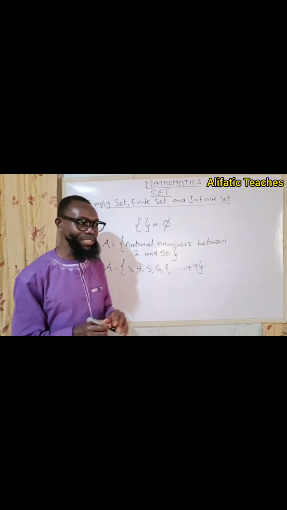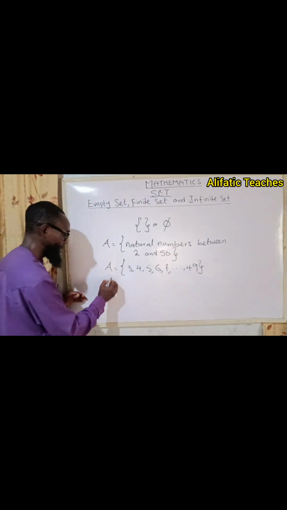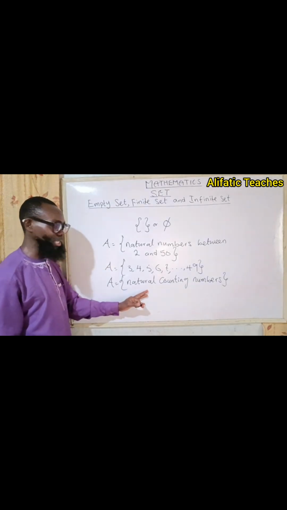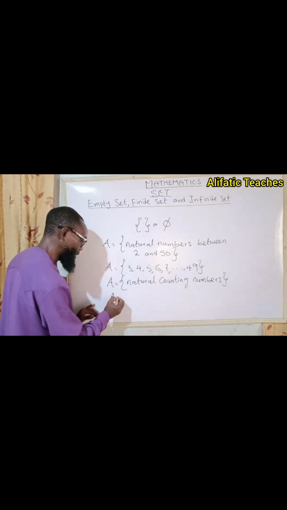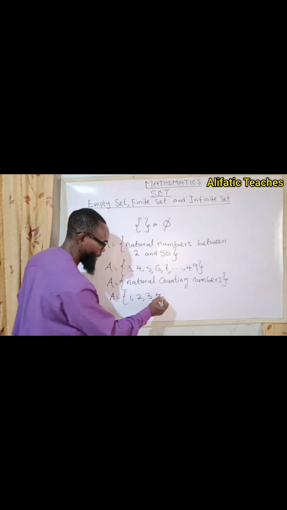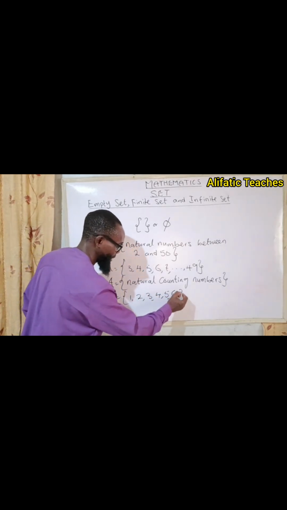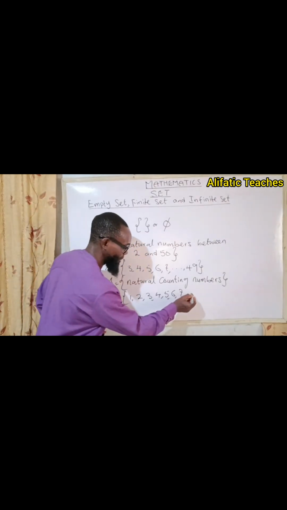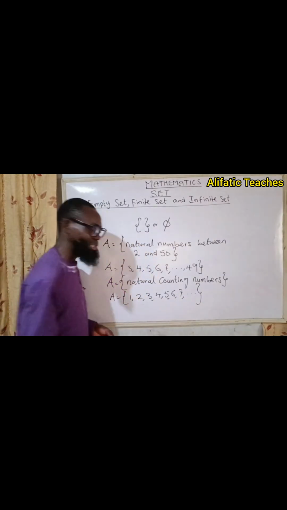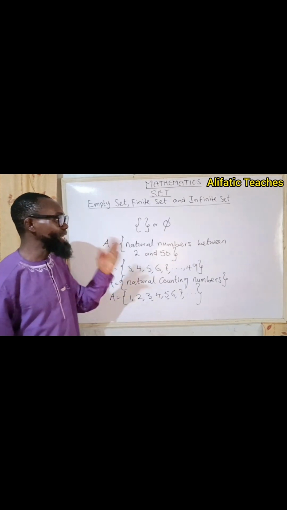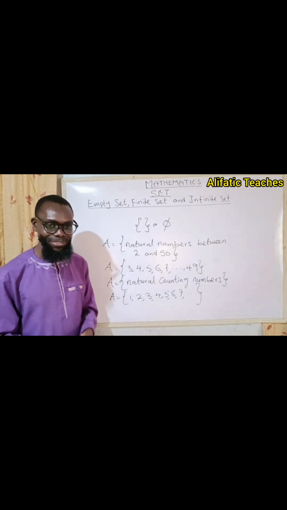So if I want to write this, let me say set A. Set A equals natural counting numbers. So A will now equal 1, 2, 3, 4, 5, 6, 7. I can't list everything, so I have to use 3 dots. Don't forget it is 3 dots. So this example is an example of infinite sets.